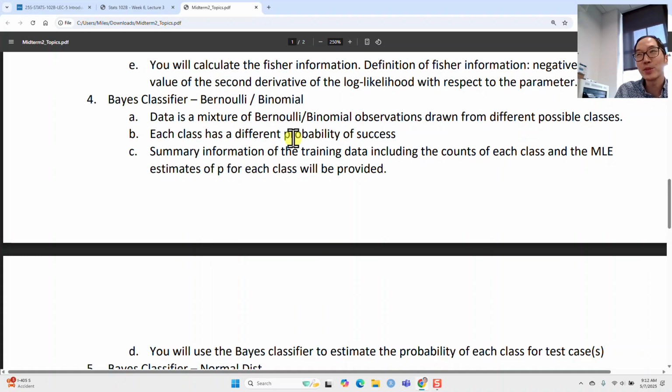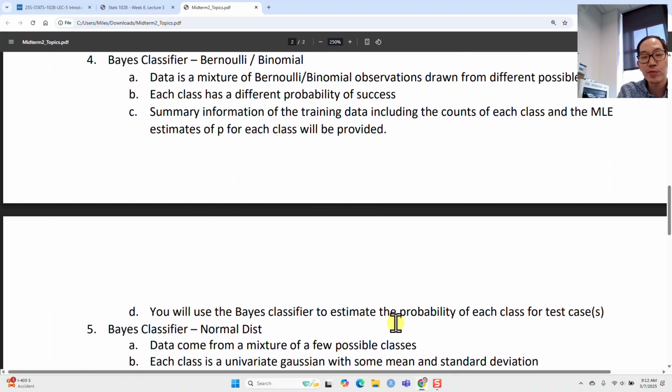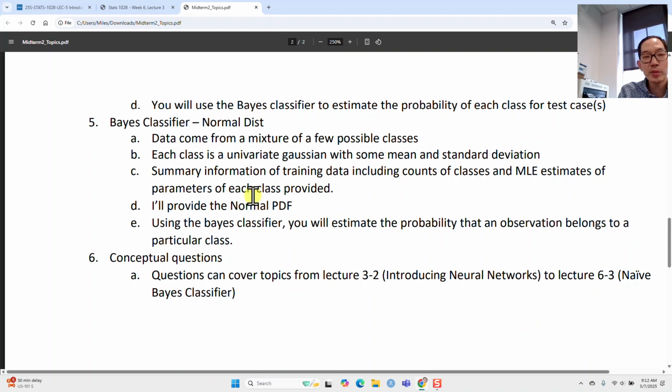So for the marbles, it was different proportions of red marbles, and the summary information of the training data will include basically the counts and the MLE estimates of each of these things, and then you use the Bayes classifier to estimate the probability of the classes for a test case. Okay. And a similar problem, a Bayes classifier for the normal distribution.